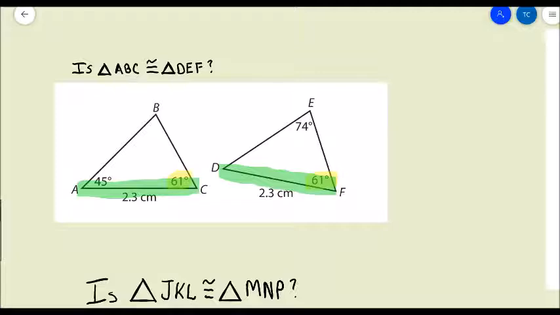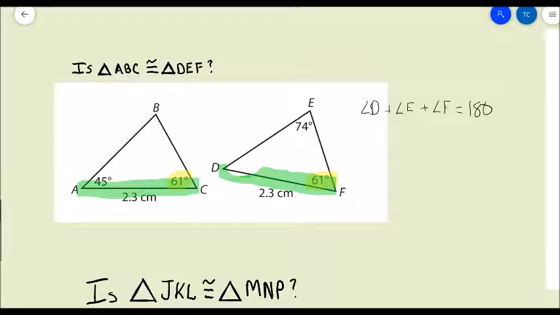So if we can figure out what this angle is, we could use ASA to determine congruence. So that shouldn't be that hard. We can use the Triangle Sum Theorem. We know that angle D plus angle E plus angle F have to equal 180.